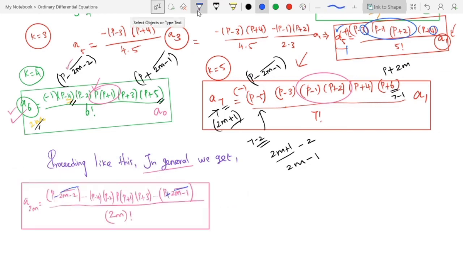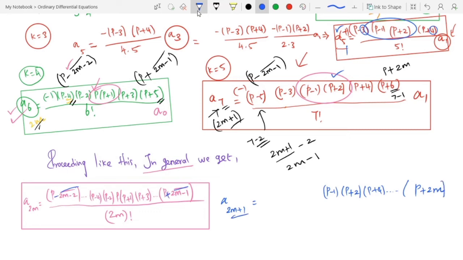Similarly, general representation of A suffix odd number, that is A suffix 2m plus 1, that is equal to centered with P minus 1, P plus 2, P plus 4 and so on to end with P plus 2m plus 1 minus 1, that is 2m.